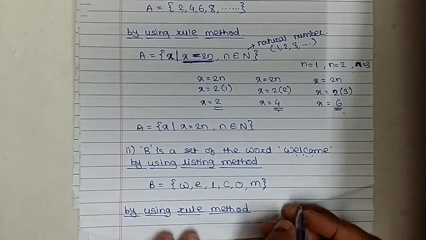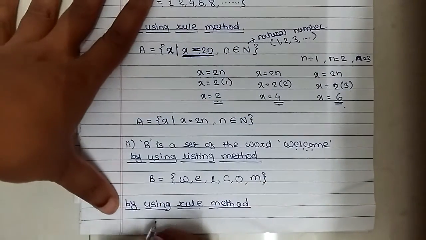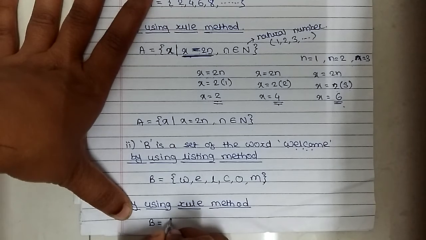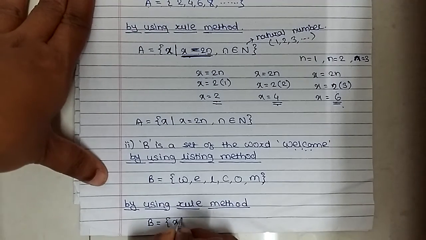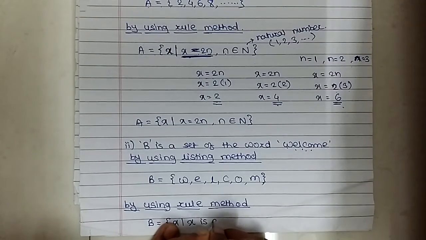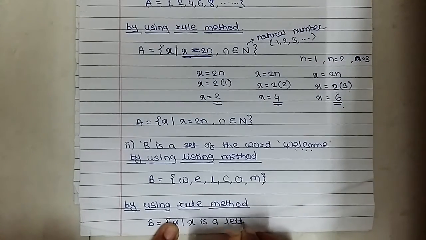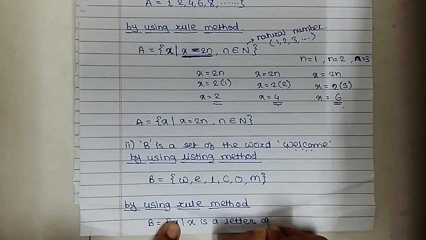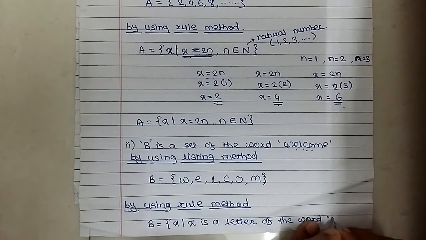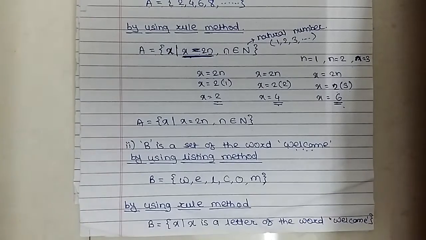B is equal to curly bracket open x such that x is a letter of the word welcome, and curly bracket close.